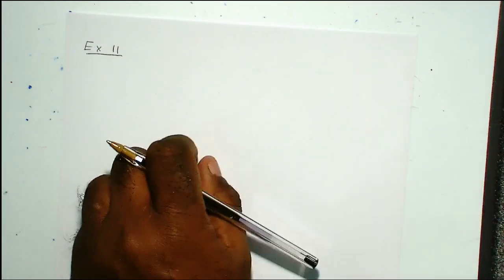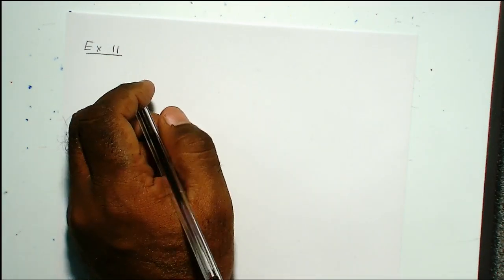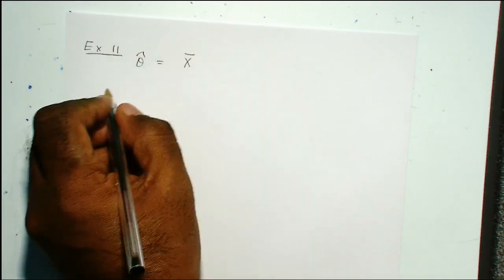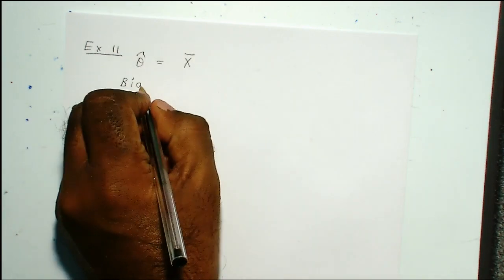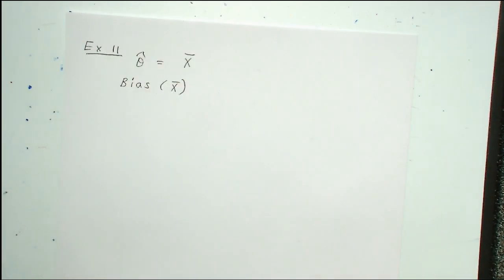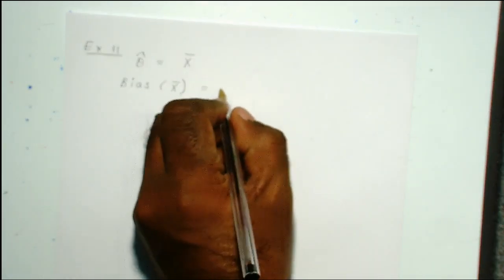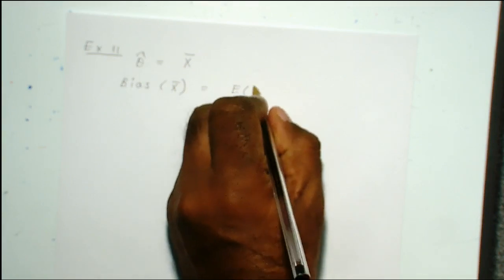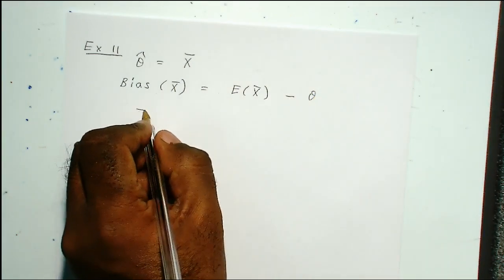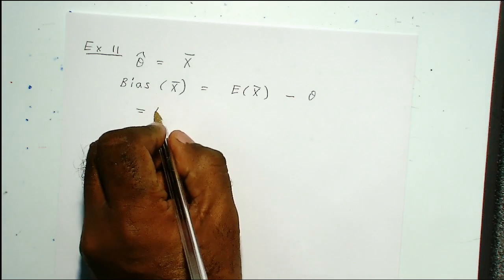All right. Now, you have a sample, and consider an estimator theta hat equal to x bar. Find the bias and MSE. To find the bias of x bar, you have the expectation of x bar minus theta.